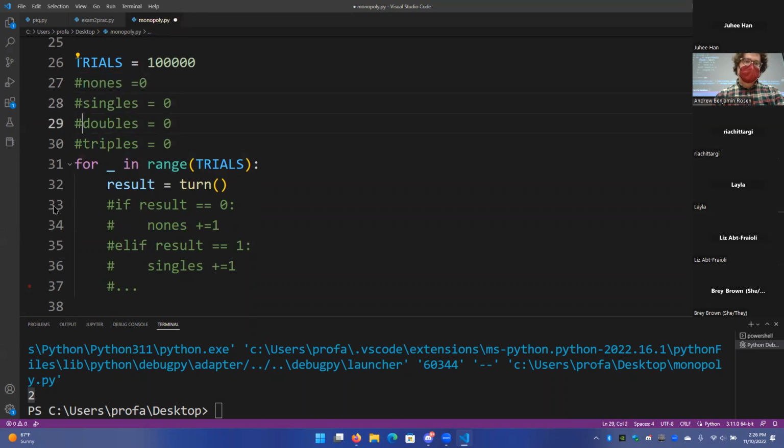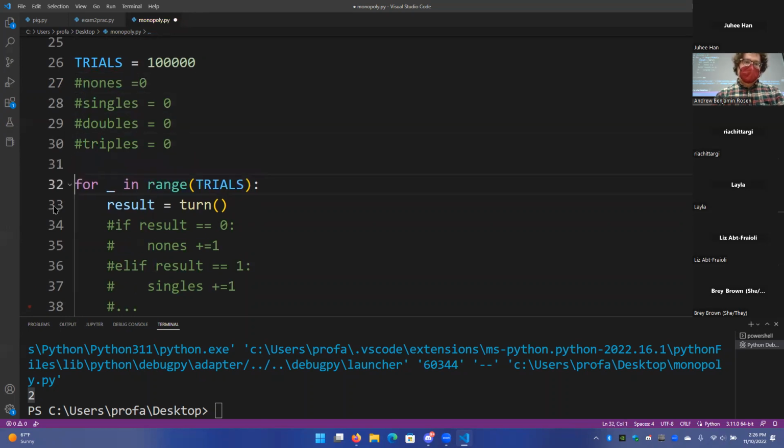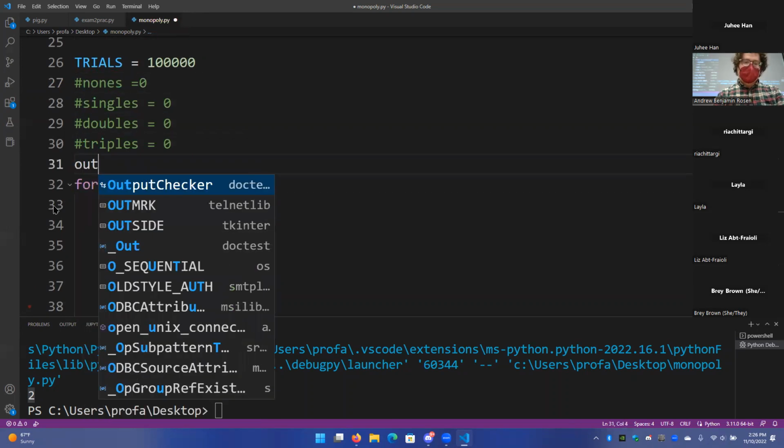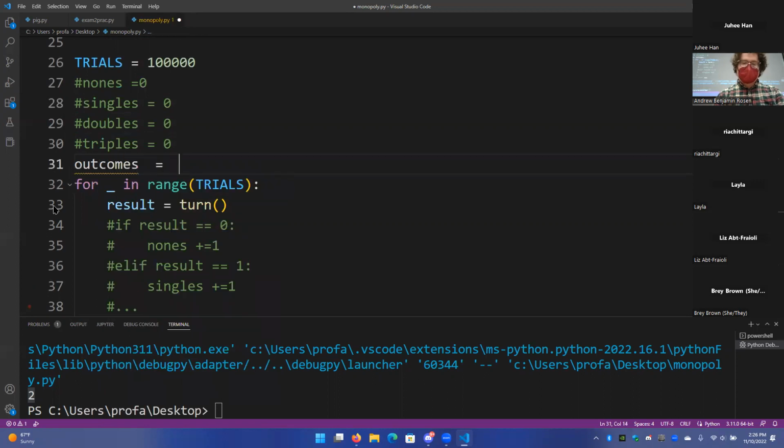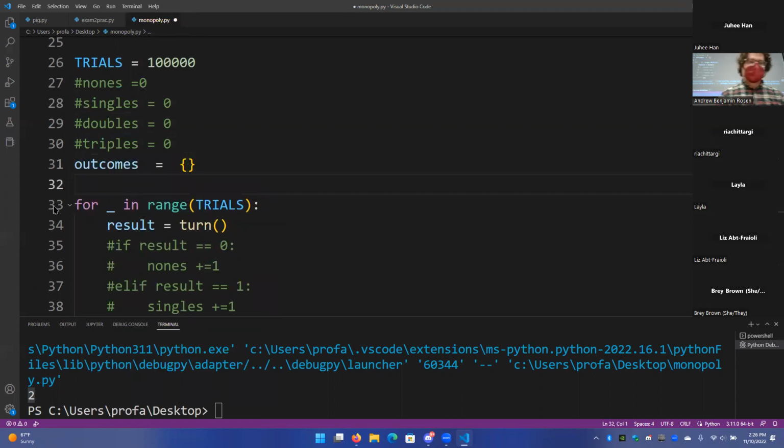And that's why I like using dictionaries. Outcomes is equal to this. And I'll go ahead and pre-populate that because it's easier. So, right, the keys are the results and the values are how many times I've seen that result.